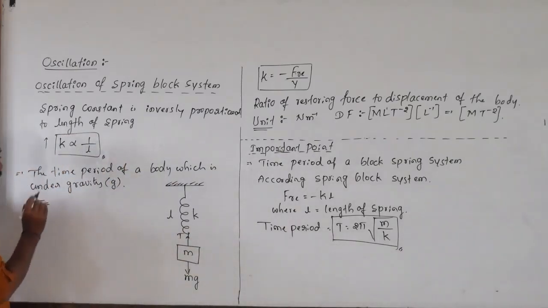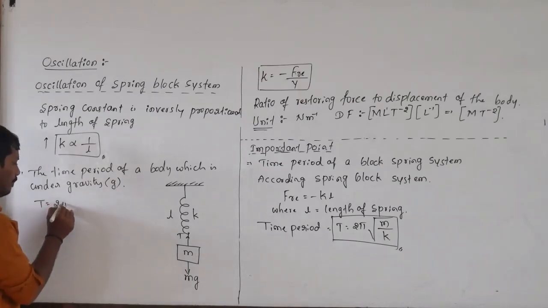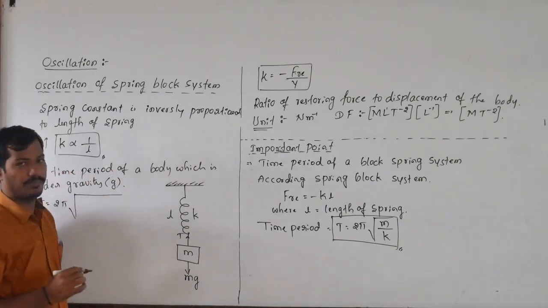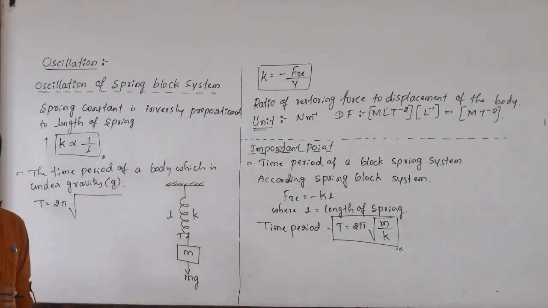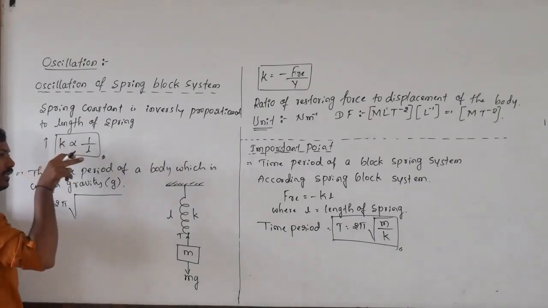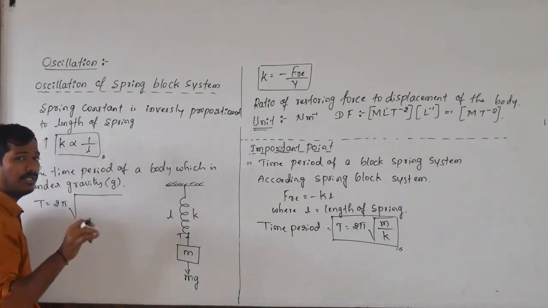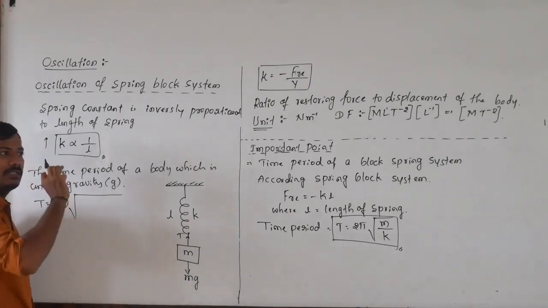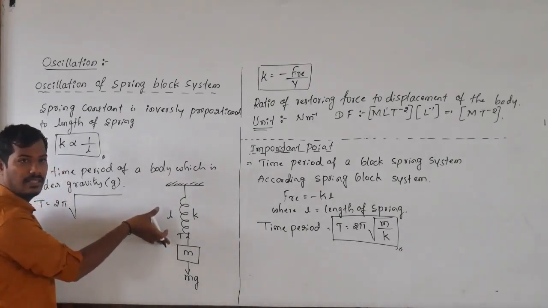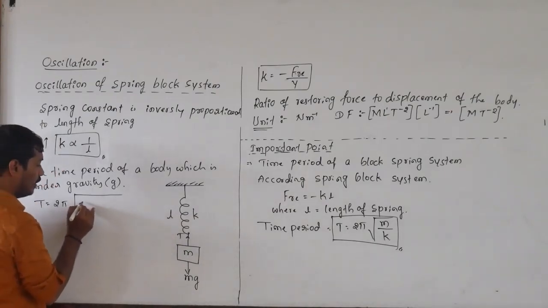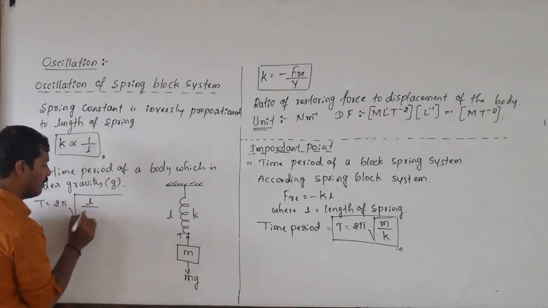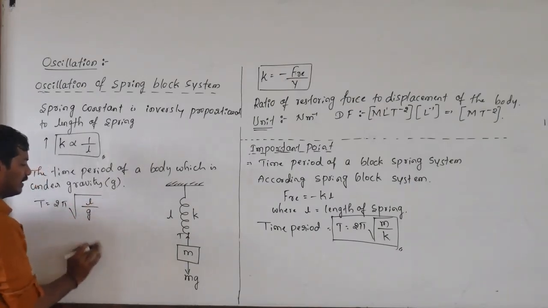Now the time period becomes, we already discussed it, the displacement divided by the acceleration. Now the acceleration is nothing but acceleration due to gravity, and displacement is nothing but the length L. Gravity or acceleration is nothing but g.